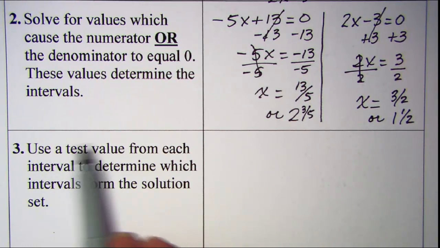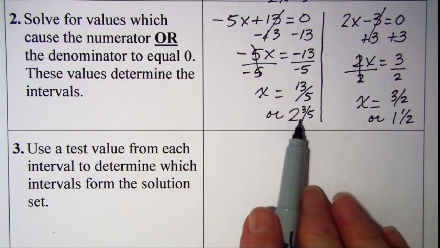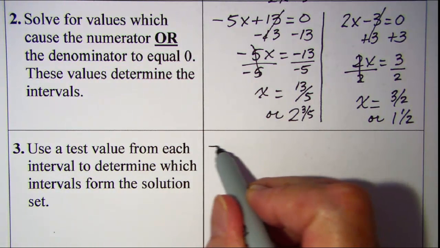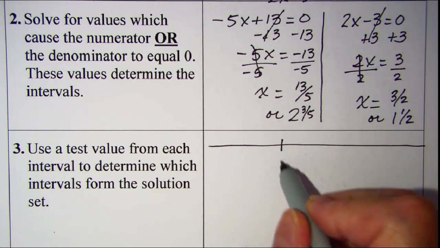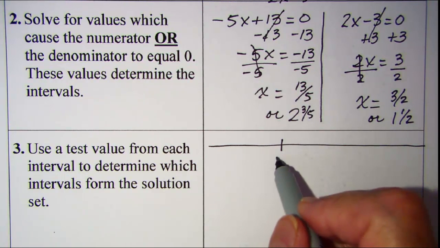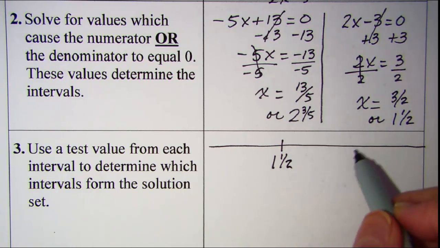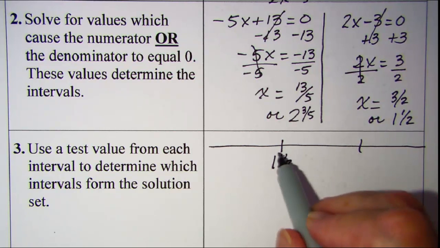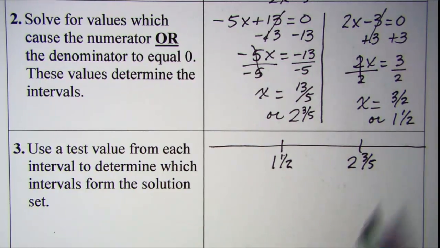Right, then use a test value for each interval to determine which intervals form the solution set. So we have these two values that will determine the intervals. Let me just draw a number line here. 1 1/2 is less than 2 3/5, so I need to put that point over here, and then 2 3/5 will be here.